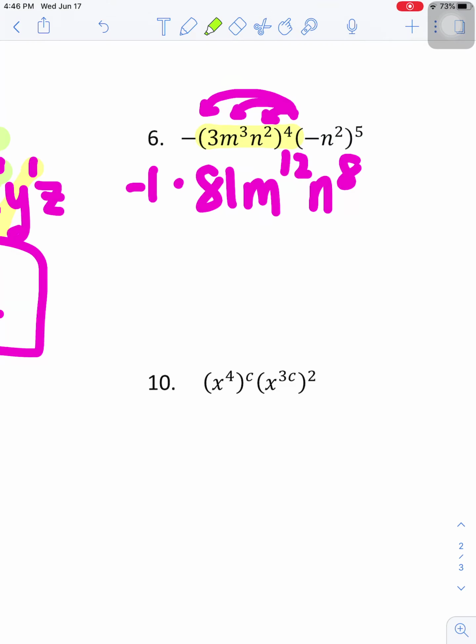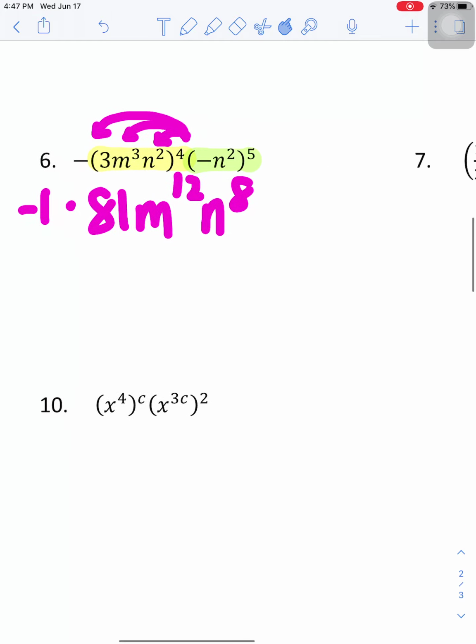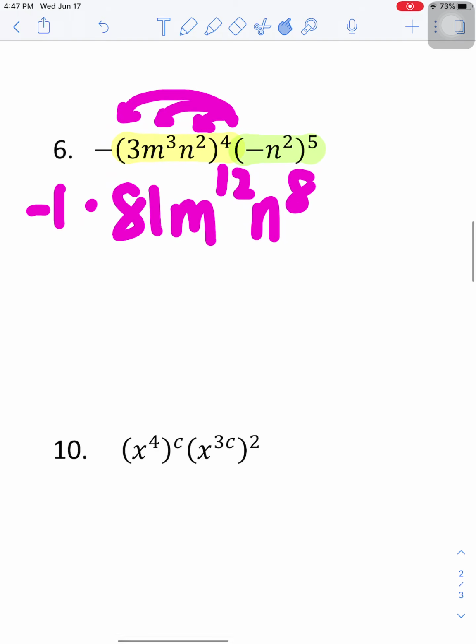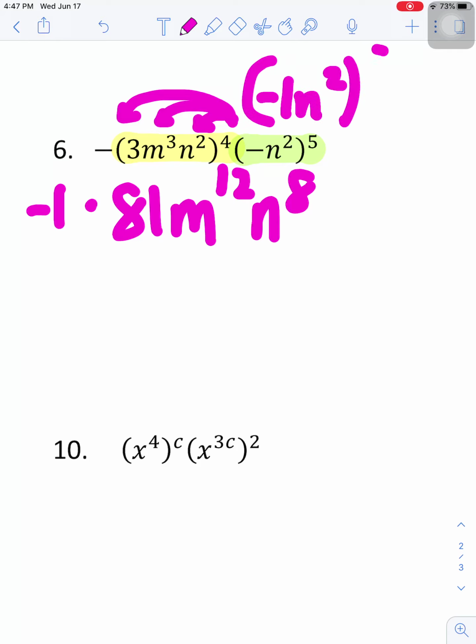Now, this next part is tricky, or at least I think it's tricky. This is where students sometimes make mistakes. Now, you have a negative sitting there in front of the n squared. Notice that it's just in front of it. So that really means to us that this is a negative 1 n squared, and you're raising that to the 5th.